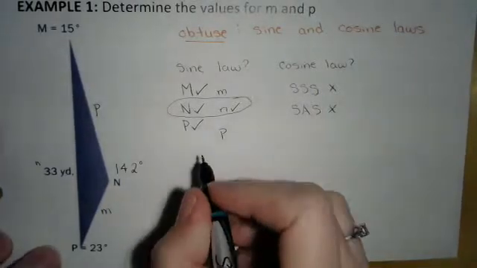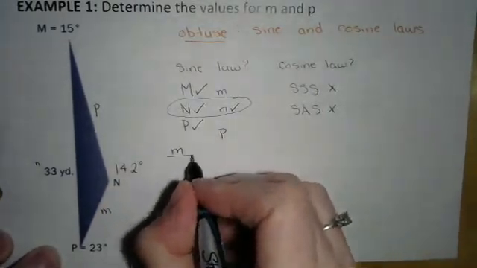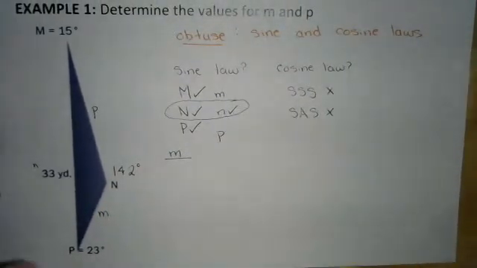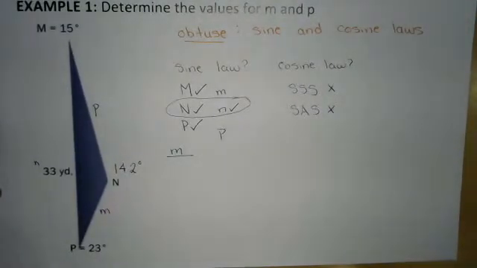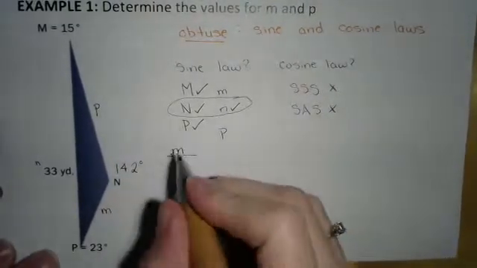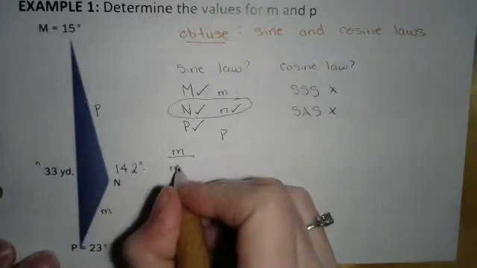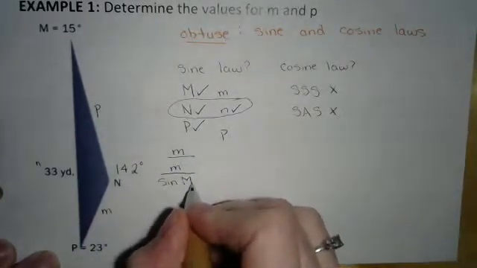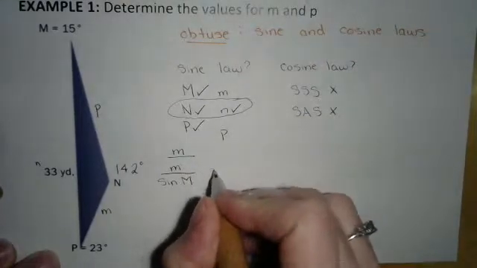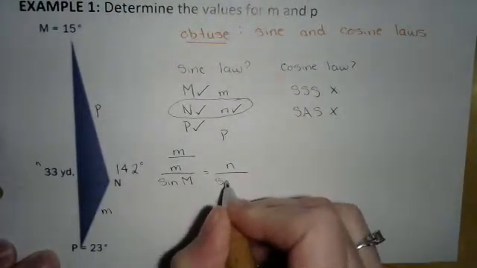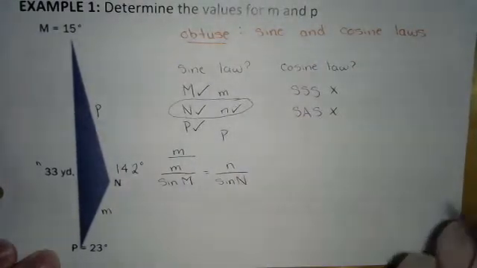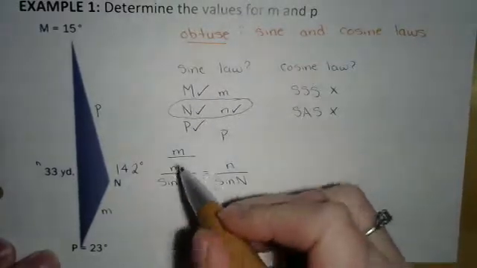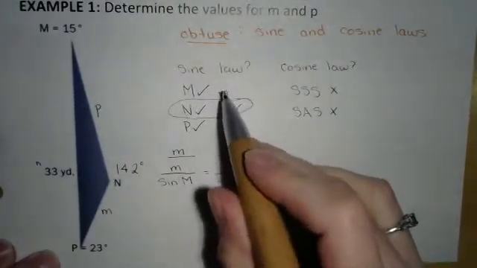So to find M, remembering our sine law, if we're looking for side length M, we can automatically put it on the top. So little m divided by sine M equals little n divided by sine N. So I'm using the one I know, and I'm using the one that I need to find.